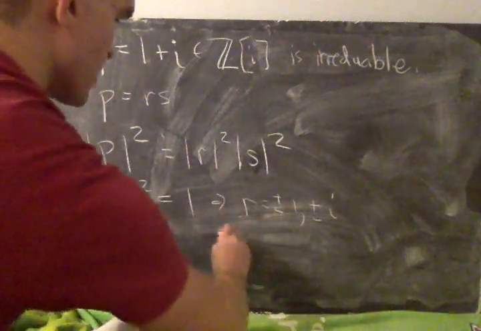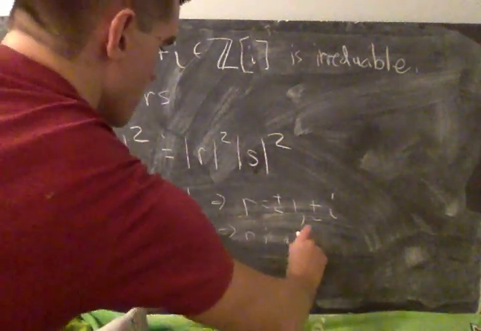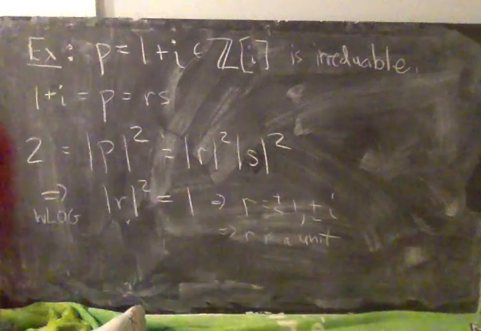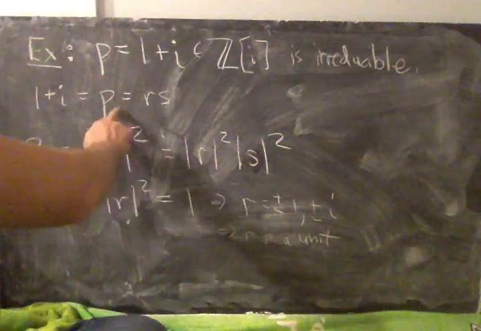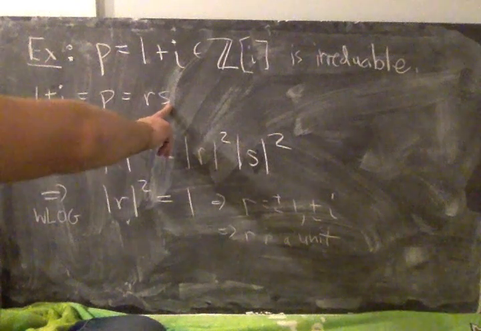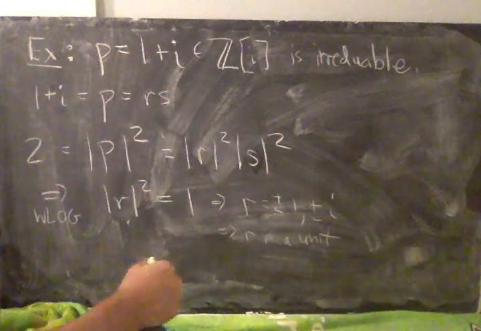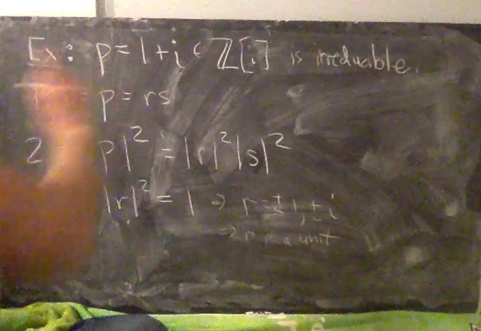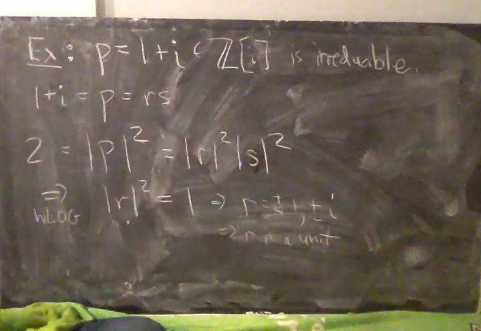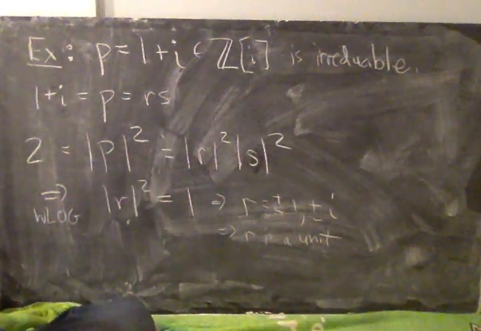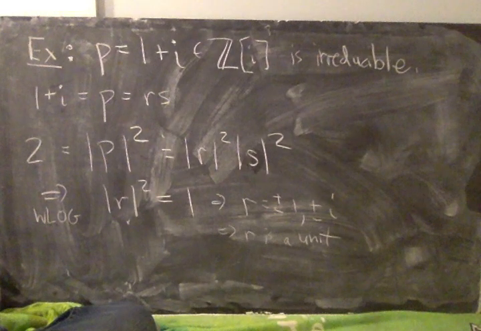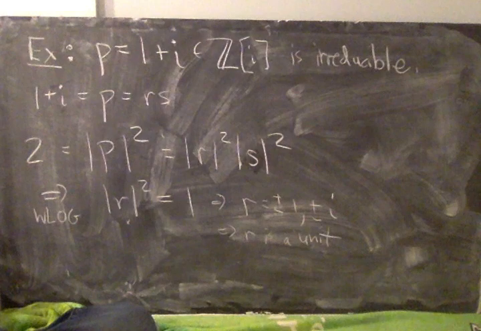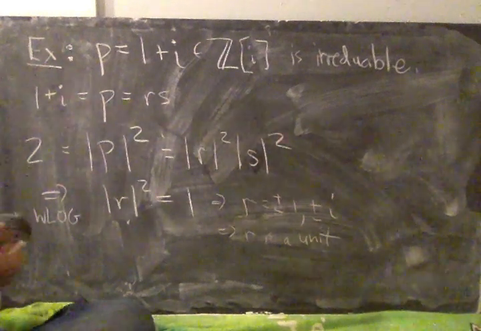So that implies r is a unit. So p is equal to a unit times something, and by definition, that other something has to be an associate. So this arbitrary factorization is in fact a factorization into a unit and an associate. So that means that p is irreducible by definition.